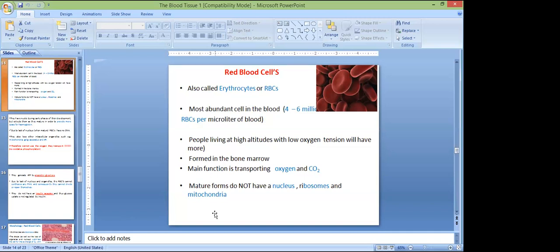So to take you back to day one of biochemistry, if they don't have a nucleus, that means it's not capable of replication, right? Because that's where the DNA is, right? If they don't have ribosomes, that means red blood cells are not capable of making their own proteins. Then if they don't have mitochondria, that means they are not capable of producing energy through mitochondrial dependent mechanisms.